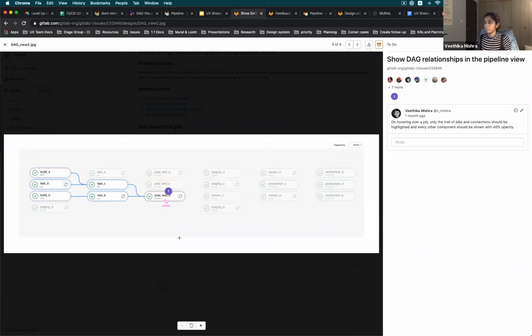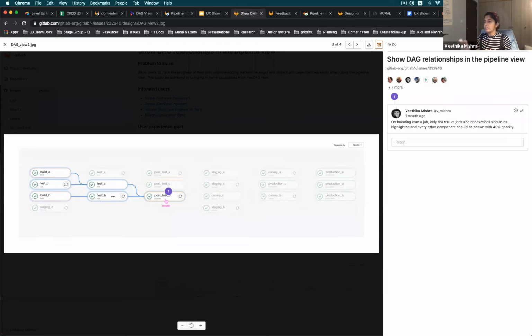So I provided another interaction. If I am interested in investigating a particular job, and I just want to know what all jobs this one particular job depends on, what's the trail, what all does it have to wait on, I just have to hover on it, and everything that it depends on would get highlighted.